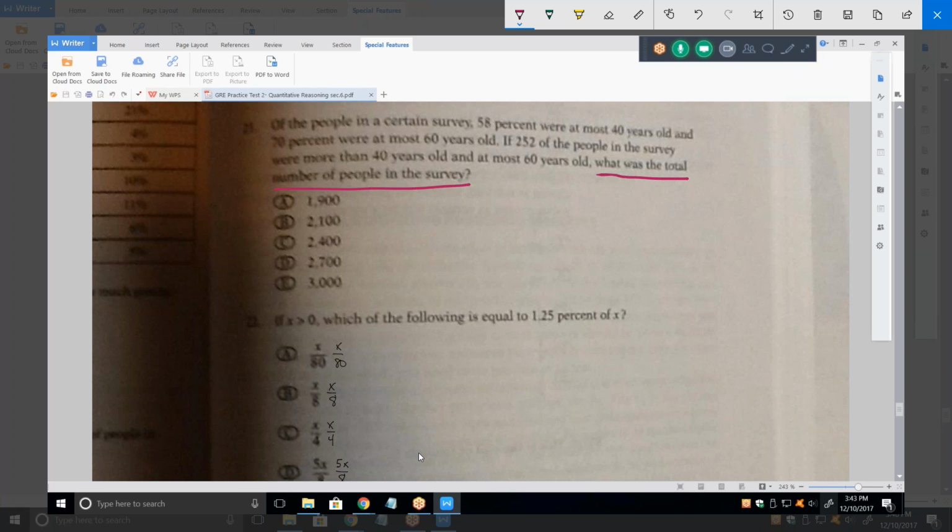Let's just try it, and then we can go back and look at the algebraic way to figure it out. But most of the time, back solving is the better way. Where are we going to start?